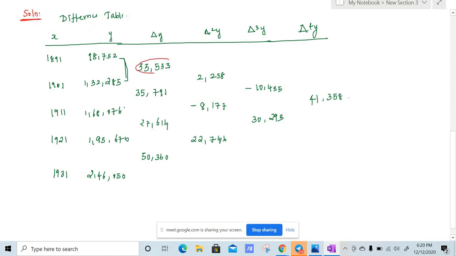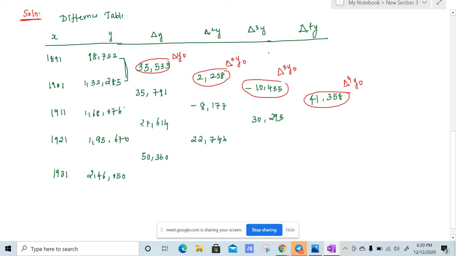This is del y naught, and this is del square y naught. That is in del square, the first term, that is del square y naught, and this is del cube y naught, and this is del power 4 y naught. Right? So in del, the first term is del y naught, the second term will be del y1.